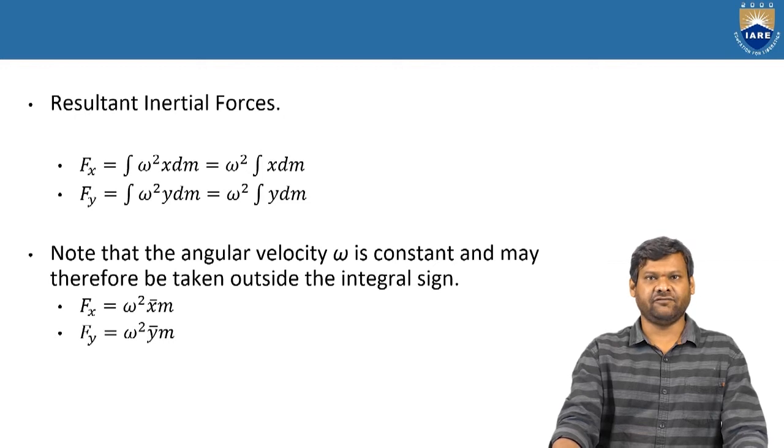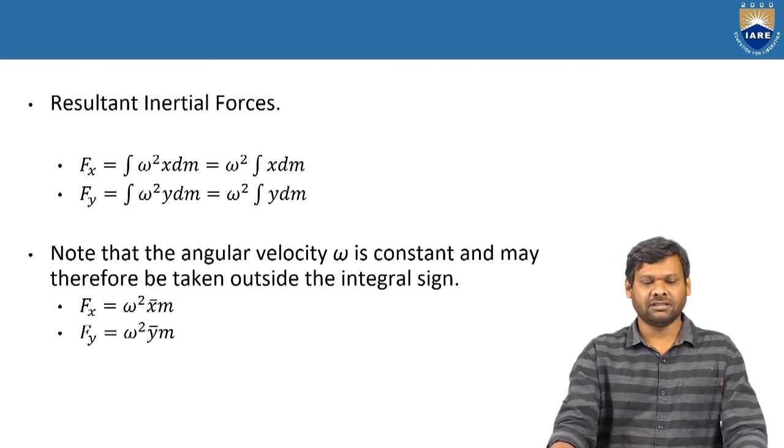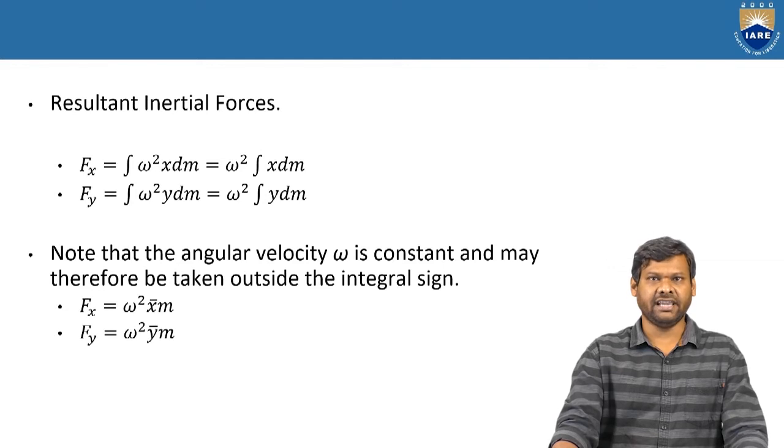The net resultant force is an integration or summation of omega square x dm. Since the angular velocity is constant, we can remove it from the integration symbol. What we get is that the force acting along the x direction on a rigid body is omega square integral x dm, and along the y direction it is omega square integral y dm.